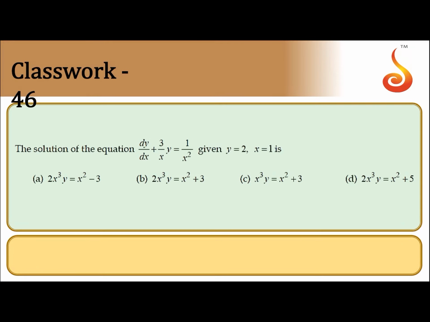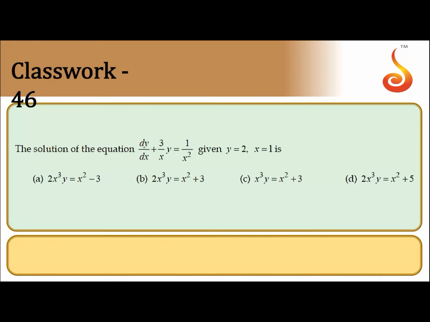Coming to the next one, dy by dx plus 3 by x into y is equal to 1 by x square, given x equals 1, y equals 2. I think you can find the derivative and simplify option-wise, or else you can apply this, which is nothing but actually the linear form, dy by dx plus 3 by x into y, that is equal to 1 by x square.